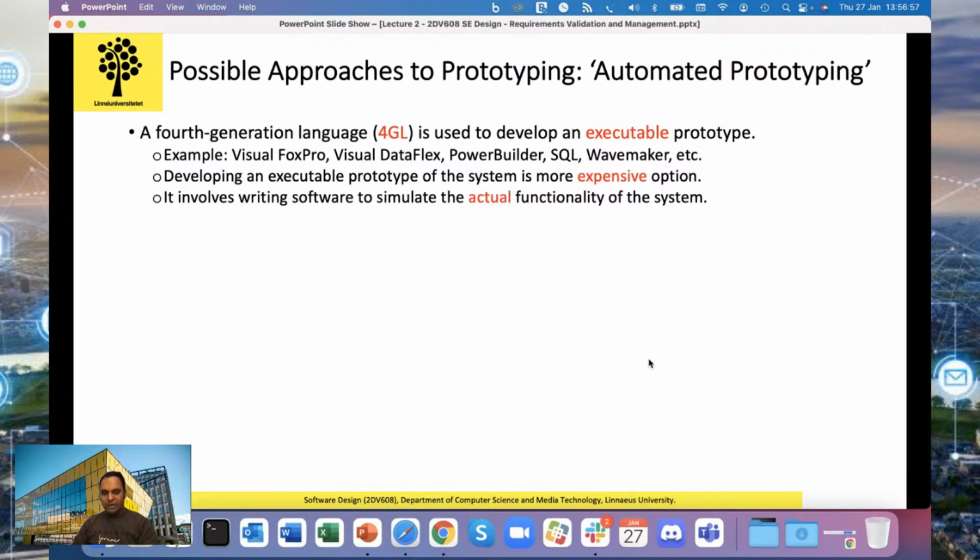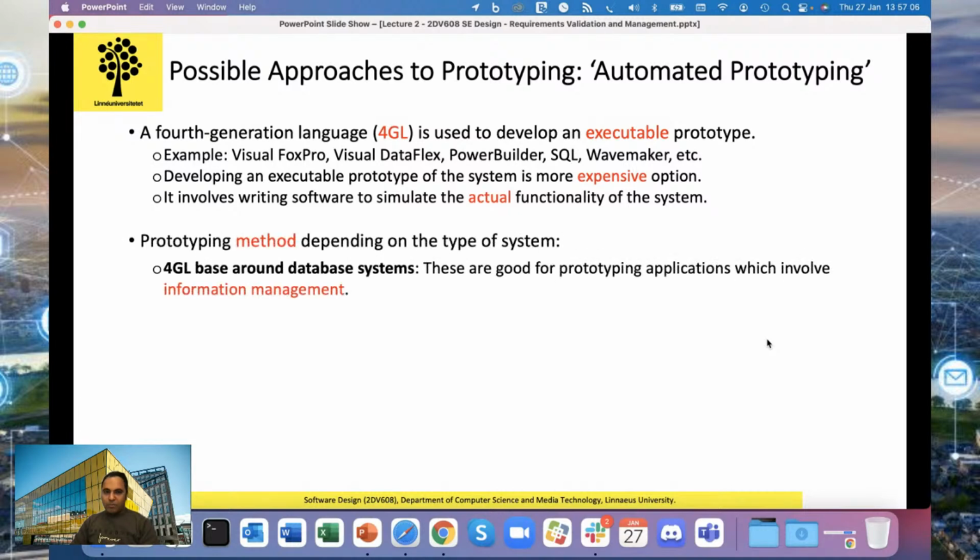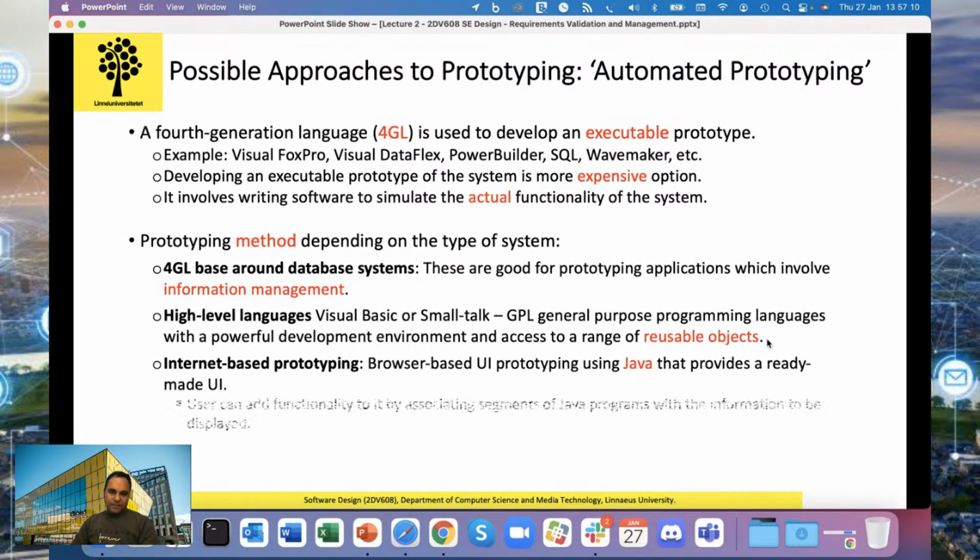And it is also possible to execute this automated prototype. Another benefit of this prototype is that, let's say you are delaying your development due to many reasons.